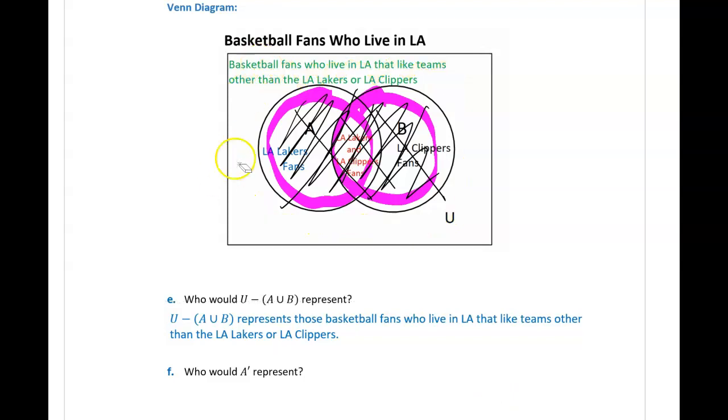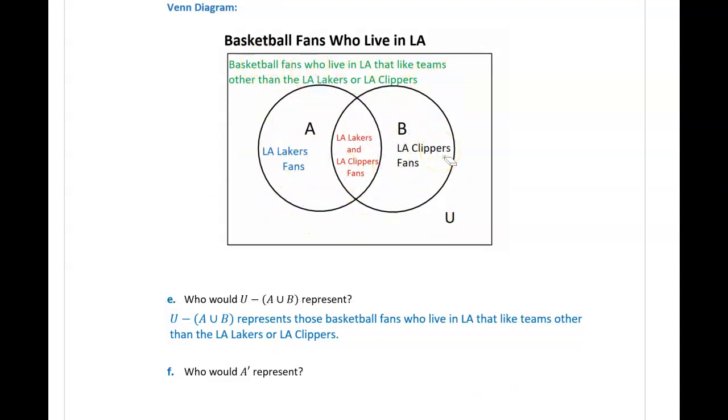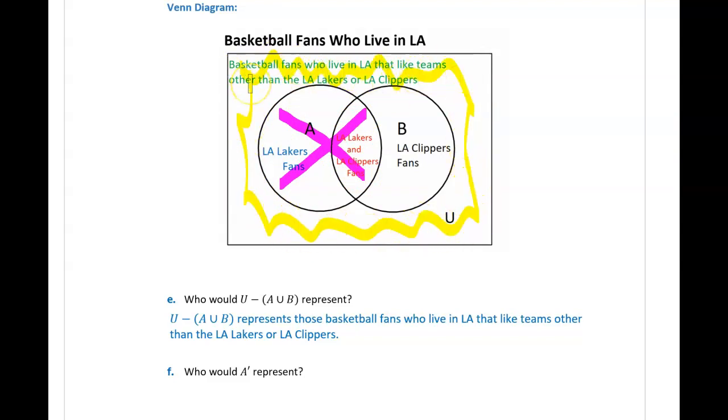Part F. Who would A prime or A complement represent? So A complement means everything in the universe that is not in set A. So what's remaining is the basketball fans that live in LA that like teams other than the LA Lakers, and those fans who only like the LA Clippers.